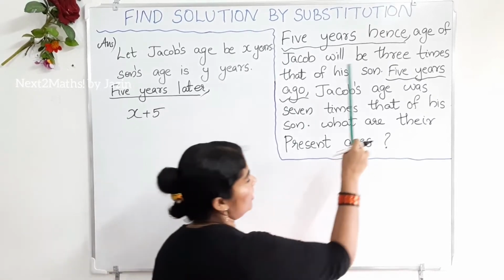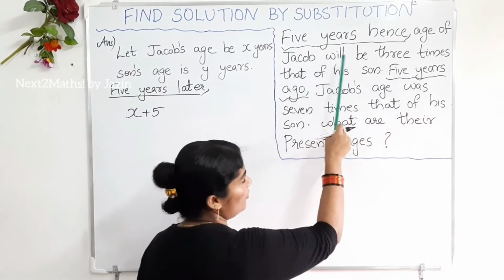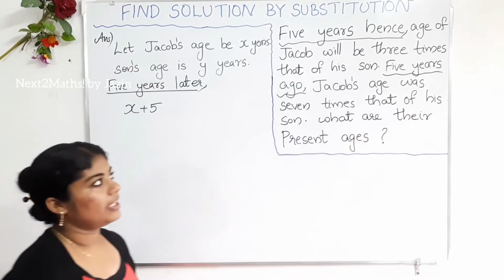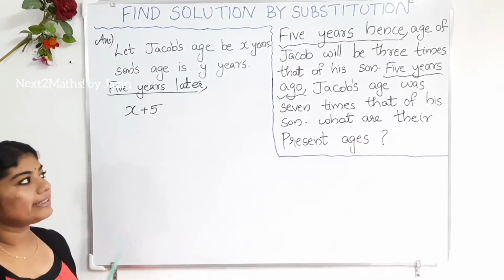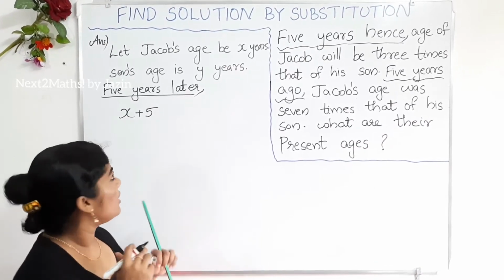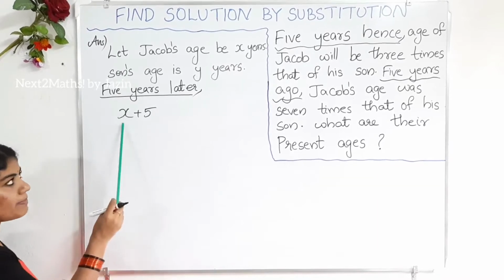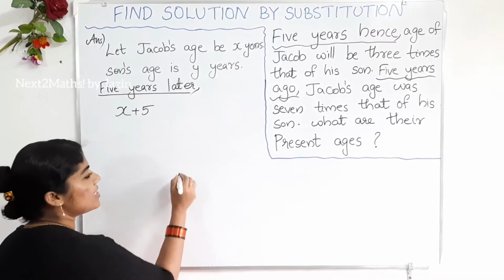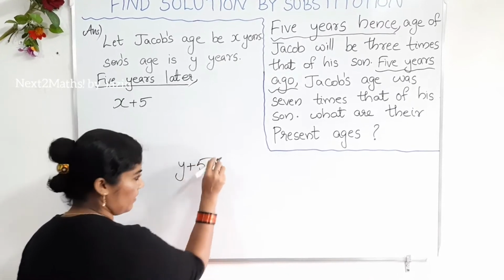So let's read. The age of Jacob will be 3 times that of his son. If Jacob's age is x plus 5, what will be the son's age? Yes, the son's age will be y plus 5.